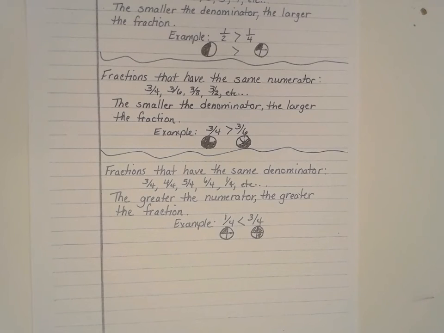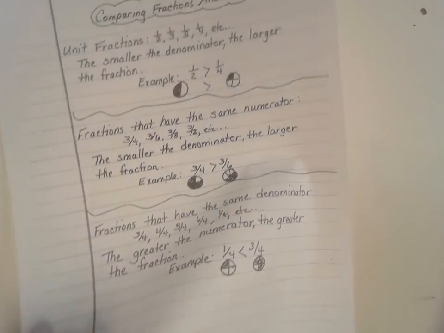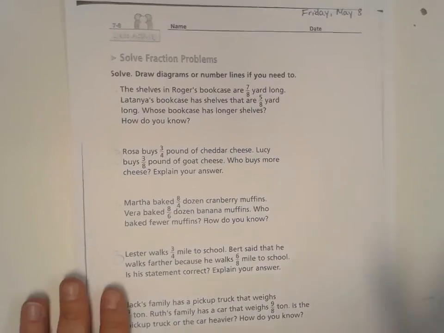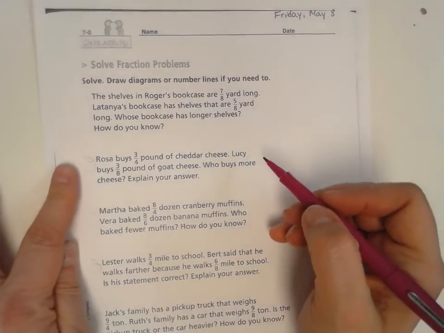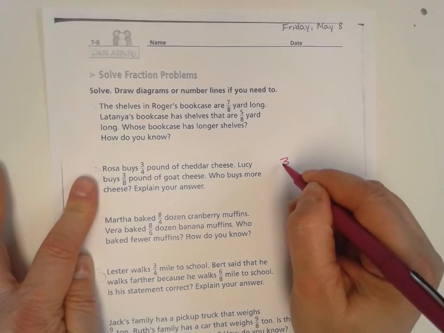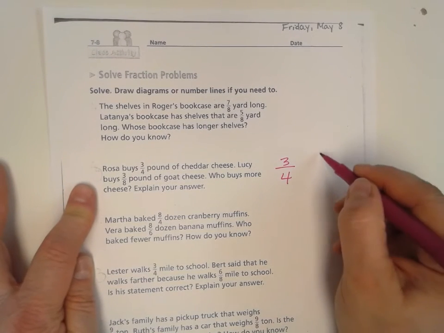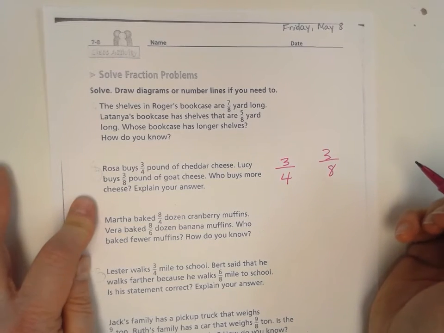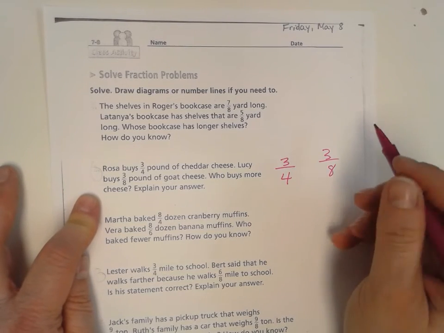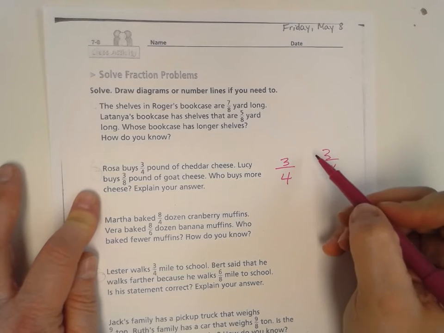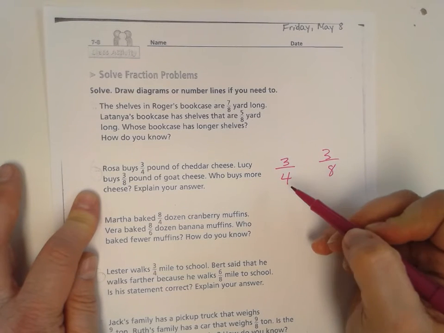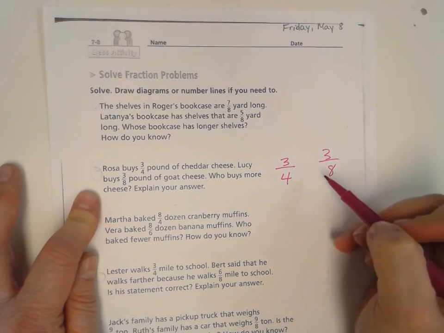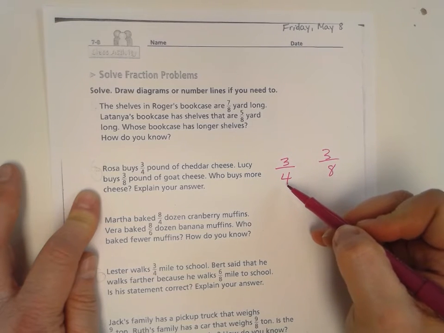Part of our learning target today was also being able to solve problems using these rules and making sense of them. Rosa buys 3/4 pounds of cheddar cheese. Lucy buys 3/8 pounds of goat cheese. Good job, Lucy. Who buys more cheese? I love goat cheese. We have the same numerators, so we look at those denominators. The smaller the number, the bigger the piece.